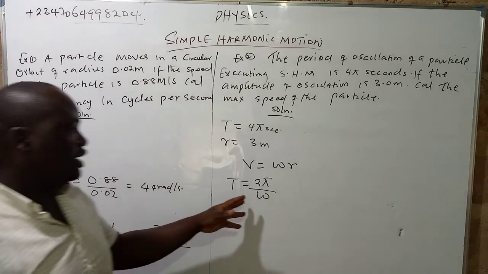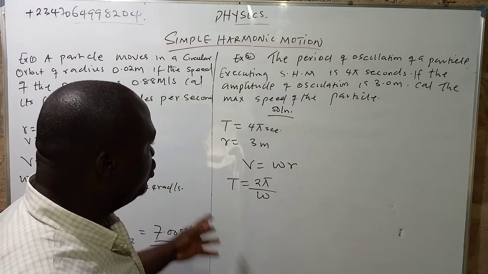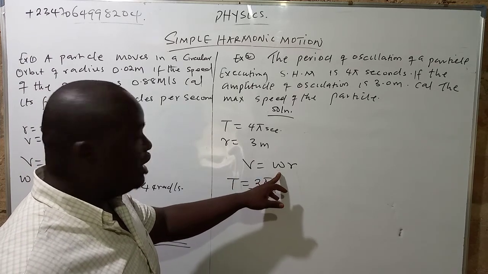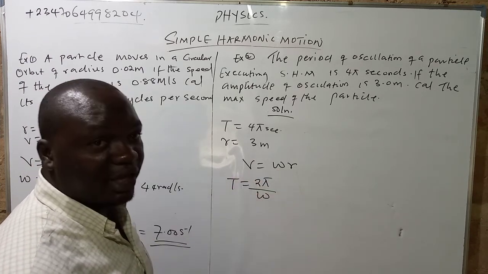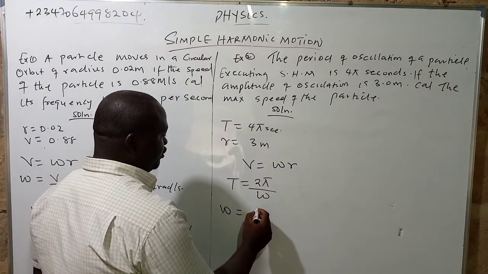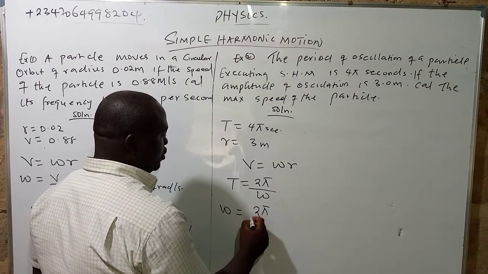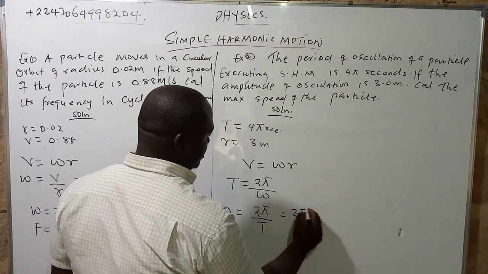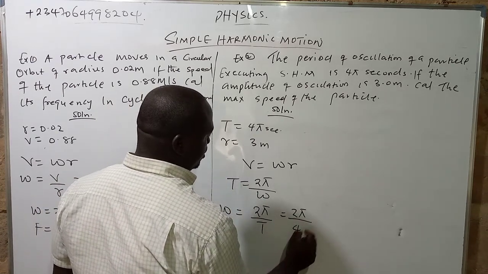So I'm going to make the angular velocity the subject of the formula, which is 2 pi all over T, right? So this is 2 pi all over 4.